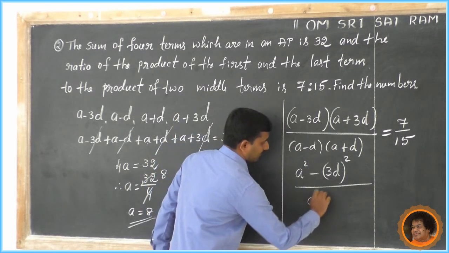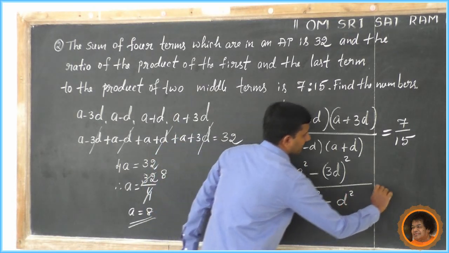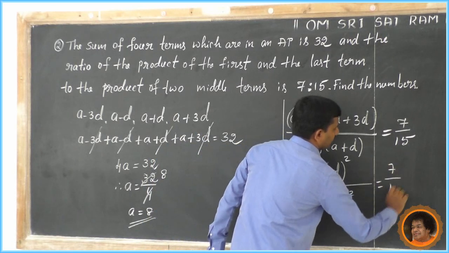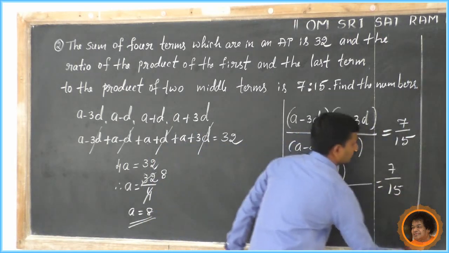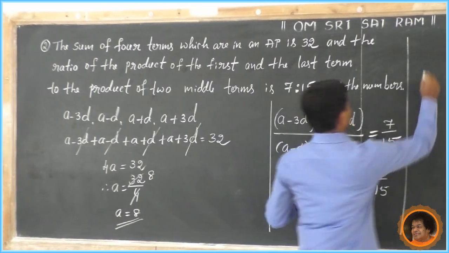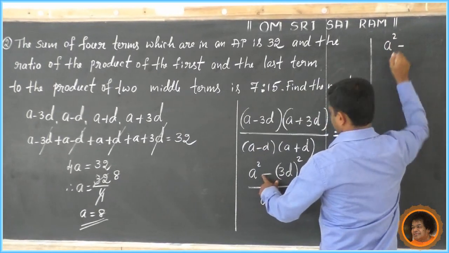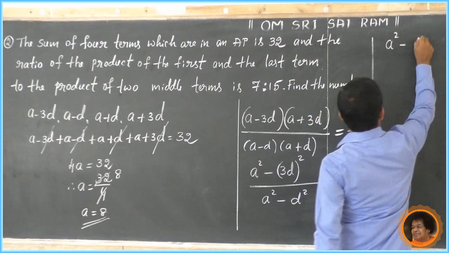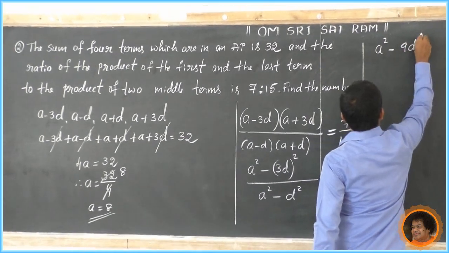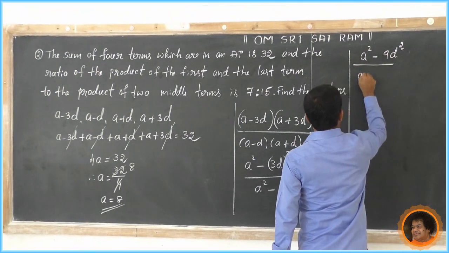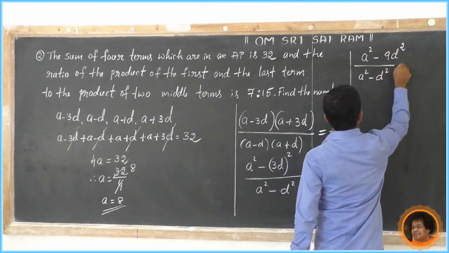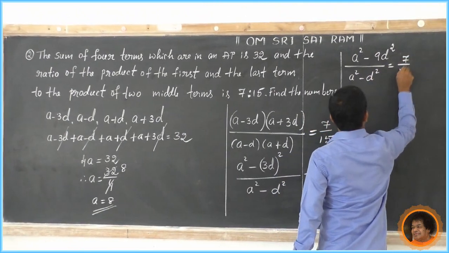So (a square minus 9d square) divided by (a square minus d square) is equal to 7 by 15.